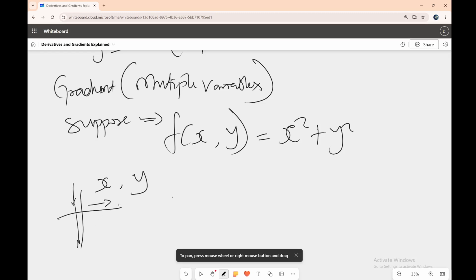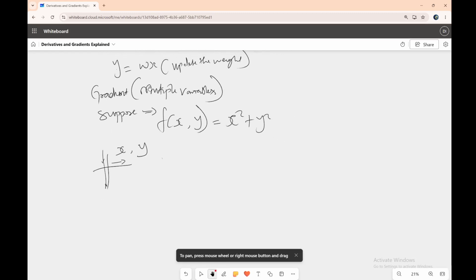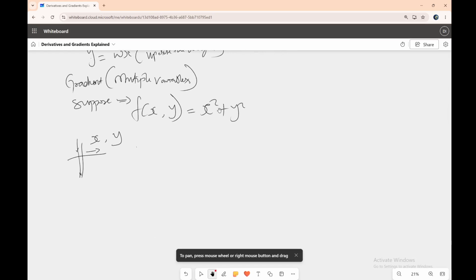Now, in order to get the derivative of this particular function, essentially we would have to get the partial derivative with respect to x, and then with respect to y. That's what we're going to do now.